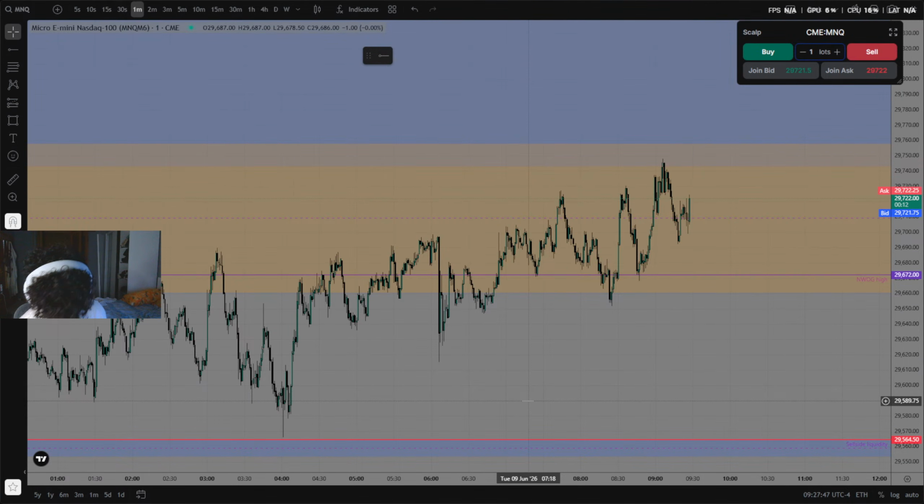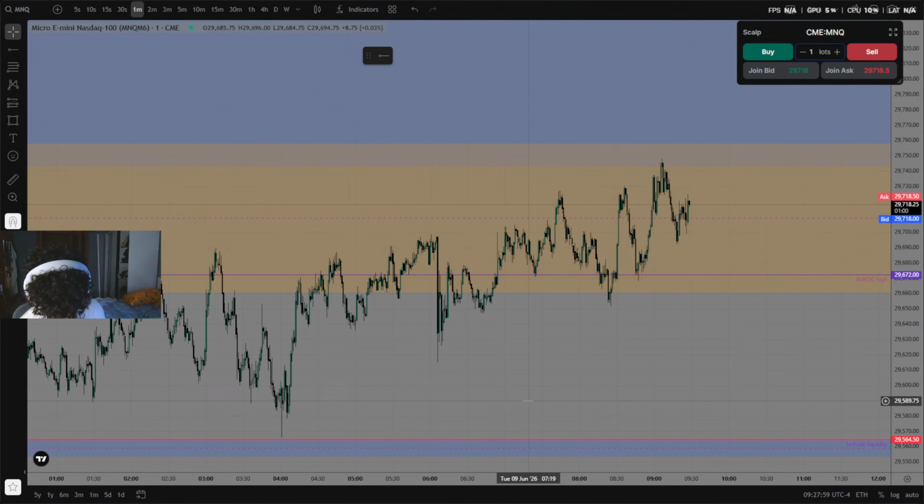Okay, I'm just reviewing the weekly and daily. Time distortion. Trading MAQ continuous CPI setup. This is the CPI setup.